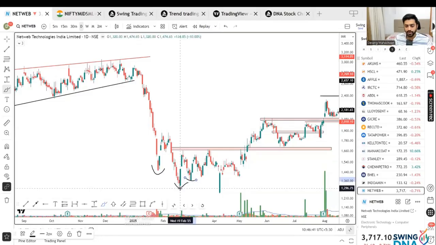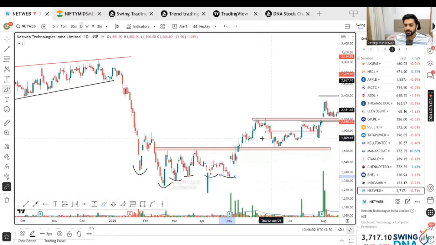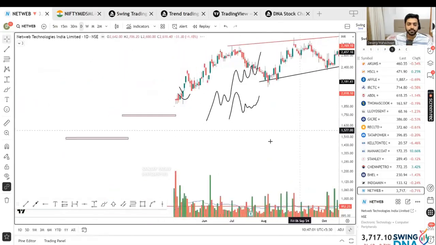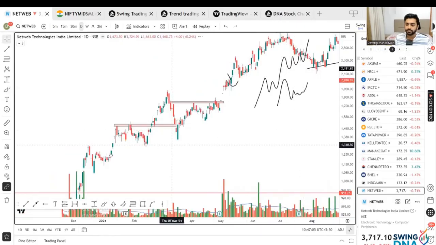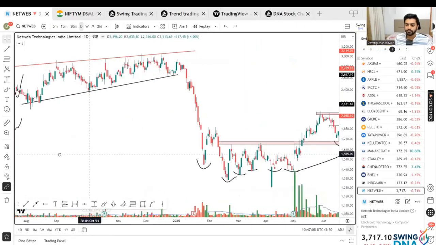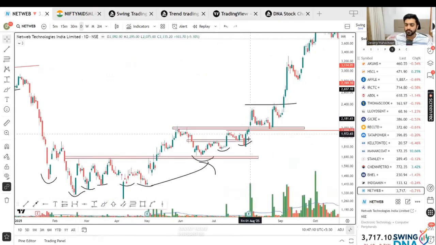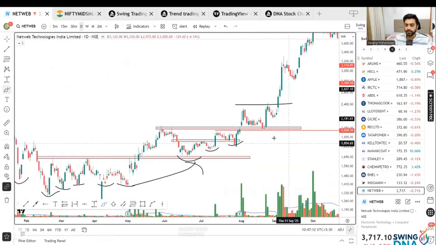This time when it was falling, it did not break this low. Again, it did not break this low. Here again, it had a single day, some kind of shakeout. Again here, almost the same level. Here, a comparative higher low again. Here a higher low. Here again a higher low. And here a higher low.